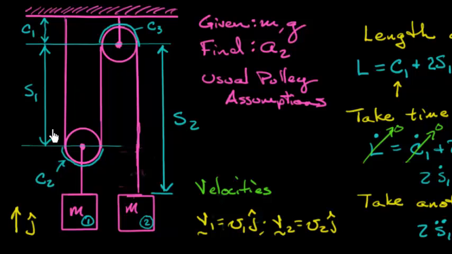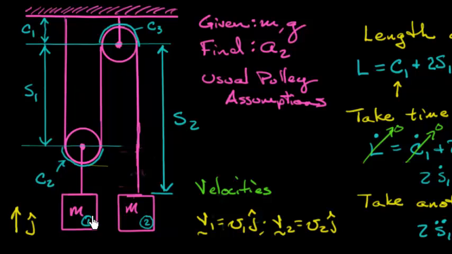So if S1 dot is positive 2 feet per second, then look at S1 here. This end of S1 is fixed. This S1 moves with the pulley, and hence moves with the block. So if S1 dot is positive 2 feet per second, then this pulley down here must be moving downward at a rate of 2 feet per second.